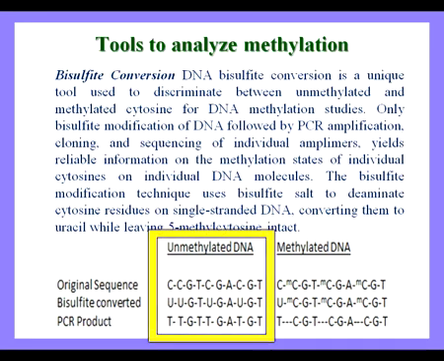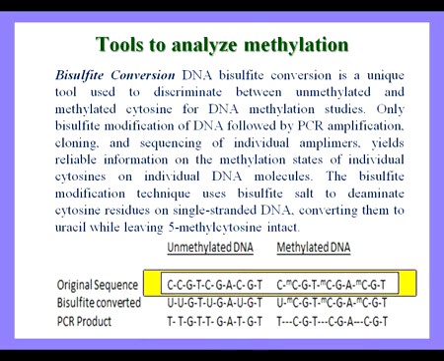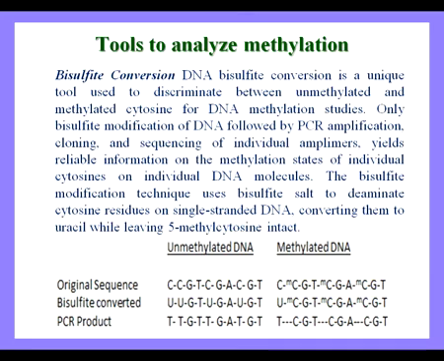You see here it is unmethylated DNA, methylated DNA. The original sequence is this, where the C, not all C, but this C, because of the CpG island, is methylated, CpG, methylated, CpG, methylated here.